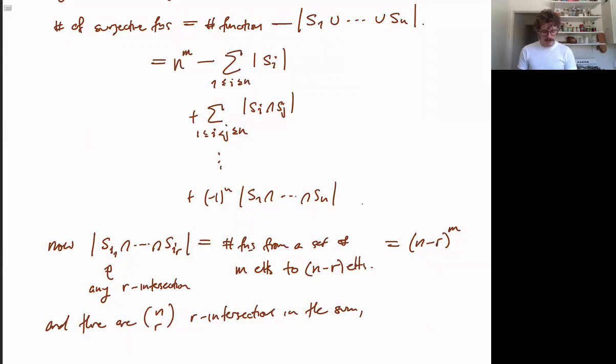So the total count we get by plugging this in for each of these intersections and plugging this in for the number of terms in the sum. That means they just get multiplied together.